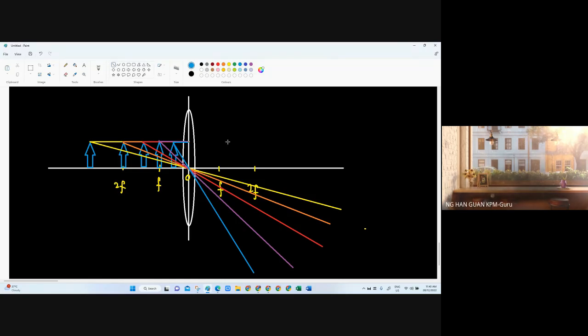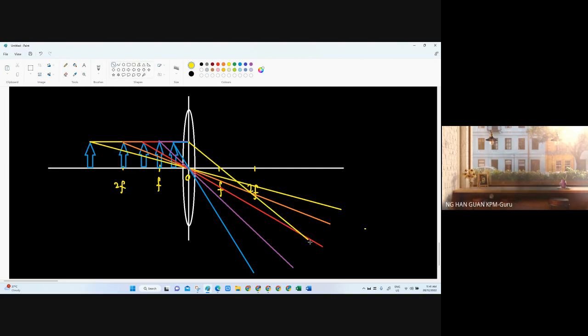Then the next step: after the parallel line reaches the vertical line, the position of the lens, it will bend when entering the lens. It bends towards the focus point, deflected towards the focus.